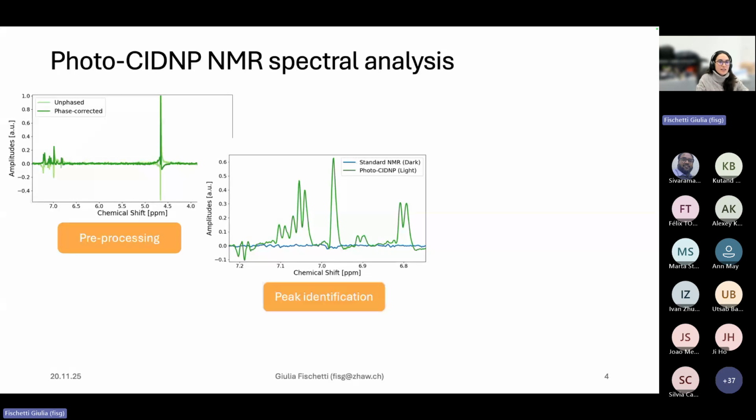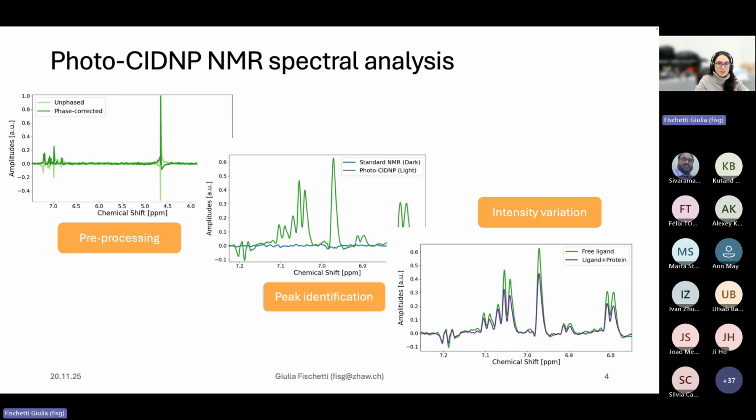And then, when the hyperpolarized signals are located and characterized, both in the free ligand spectra and in the ligand plus protein spectra, one needs to assess the intensity variation, which indicates effectively if the ligand has bound to the protein.